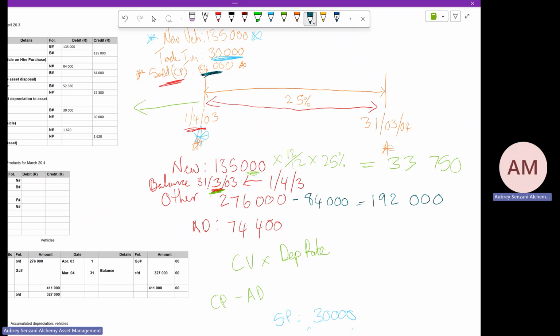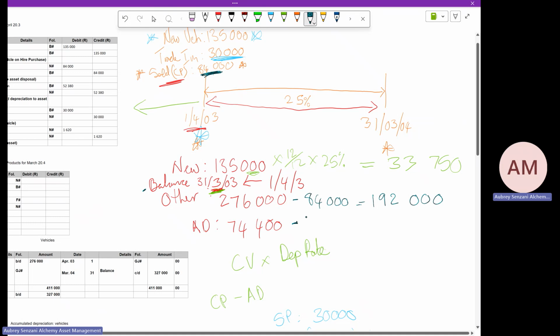But then there's also been accumulated depreciation on these, and we're on the reducing balance method. Minus, so this again, because it's the day before, is the balance as at 31st of March. It's including the accumulated depreciation on the asset we just disposed of.